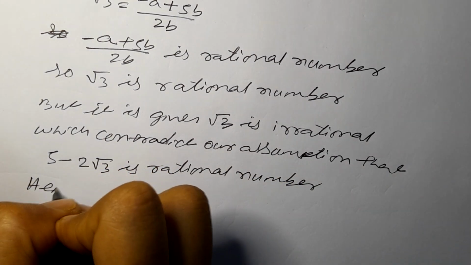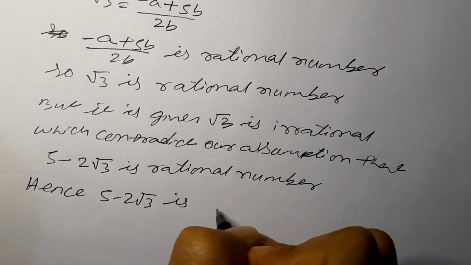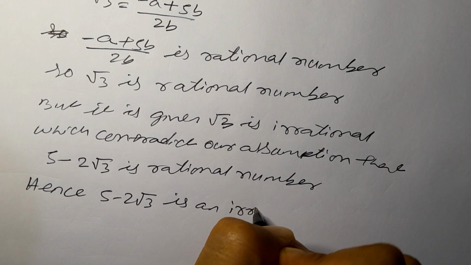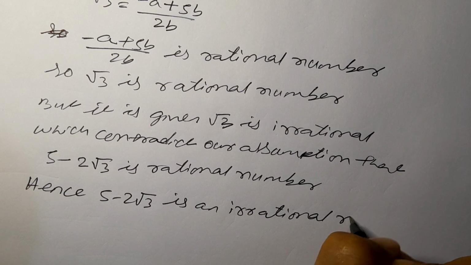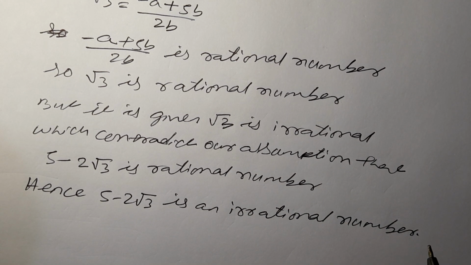Hence 5 minus 2 root 3 is an irrational number.